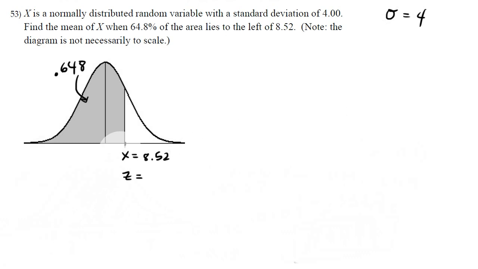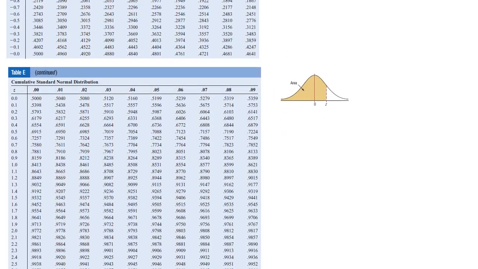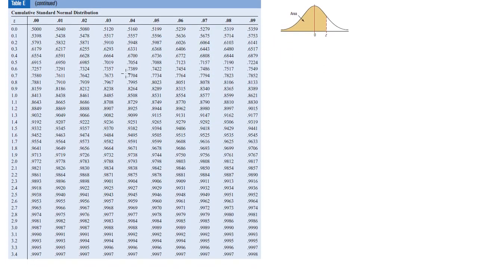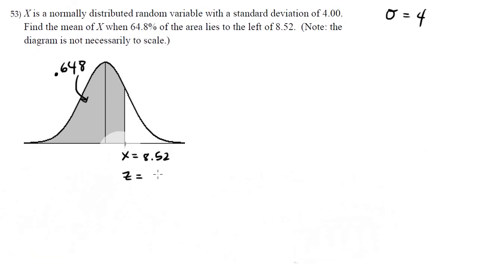Okay, so let's go look at the table for 0.648 to find that z value. There we go. 0.648. That's 0.38. So this z value is 0.38.